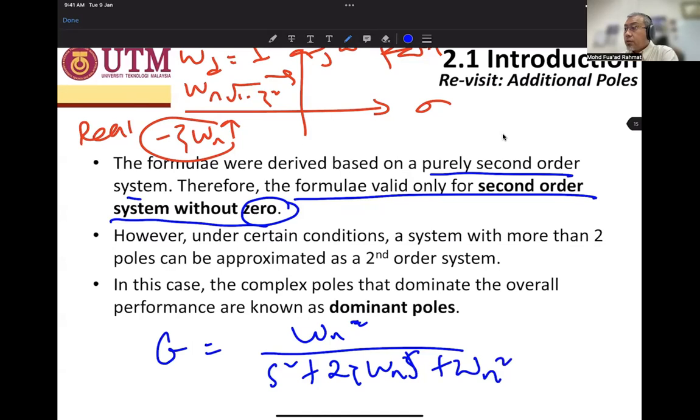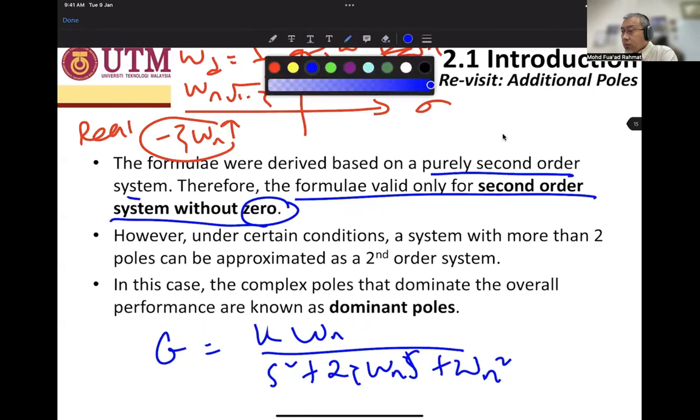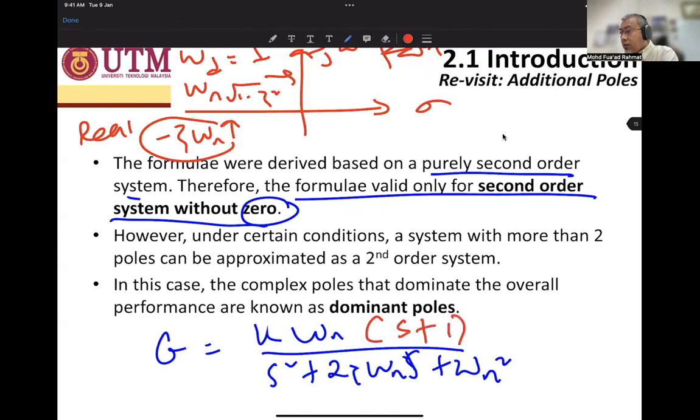So this is K. If you have a zero, you have something like this. This is what I call a zero.